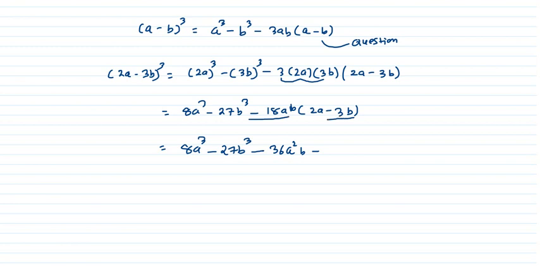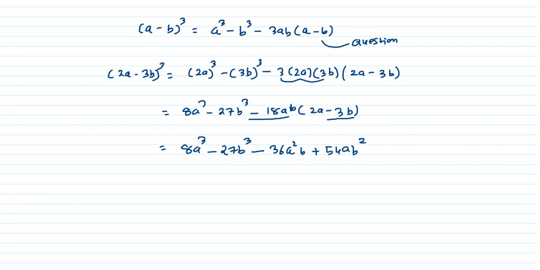So minus into minus becomes plus. Now it's okay, 54ab square. Okay, this is all about your sum minus formula, which is again easy, no issue at all.